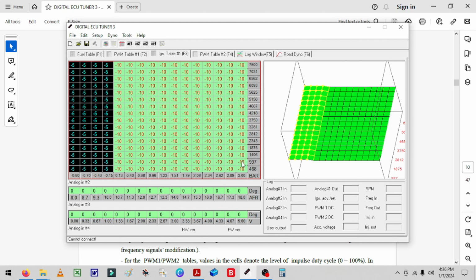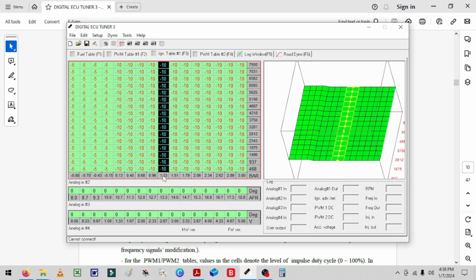Okay. And so here, let's say 1 bar boost, so 1.2. This is more than 14.7 right here, but let's just play with this column right here. Let's say, because of my air fuel ratios or whatever's going on, I need to take out a couple degrees of timing. Well, now I'm going to go in and add to that negative number.